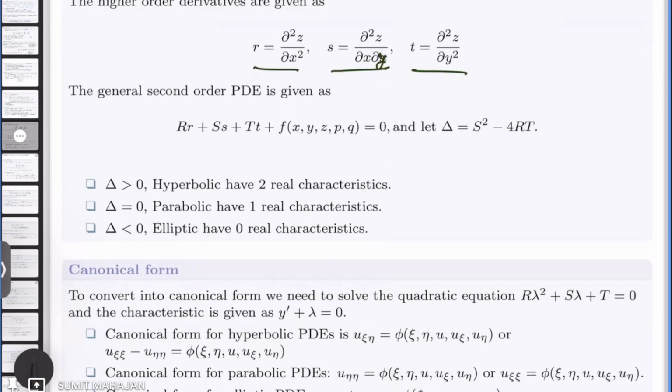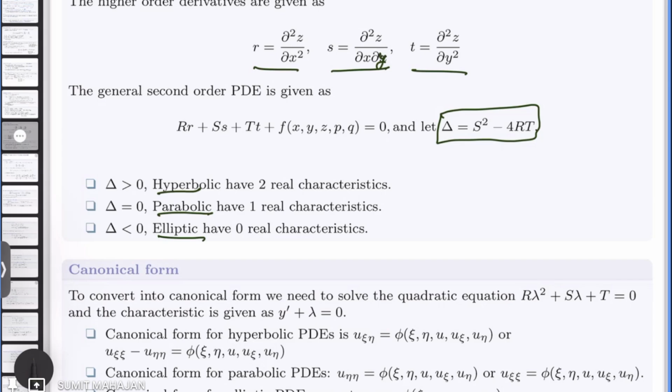Now I am denoting delta as s squared minus 4rt. This is of interest to me. Let this be delta. Now we can classify the second order differential equation into three types: hyperbolic, parabolic, and elliptic PDEs. Now if this delta is strictly greater than 0, then we say it is hyperbolic, and in that case we have two real characteristics.